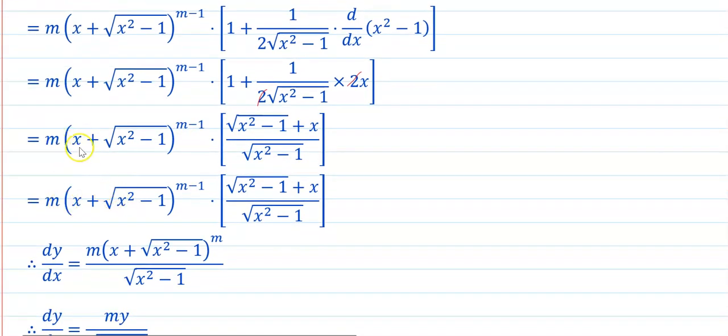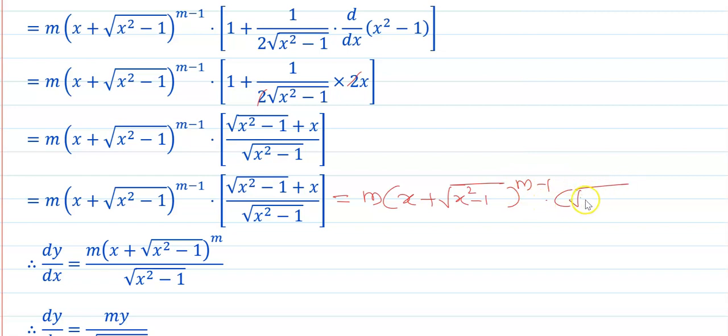Okay, m into (x plus root of x square minus 1) raised to m minus 1. Now the power of this, I will write here one more step: (x plus root of x square minus 1) raised to m minus 1 into root of x square minus 1 plus x.